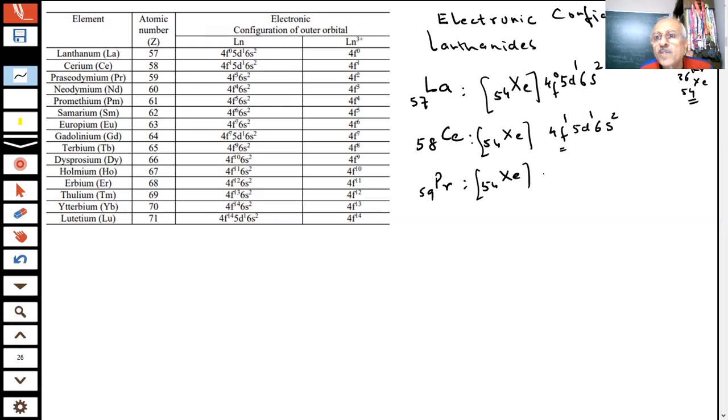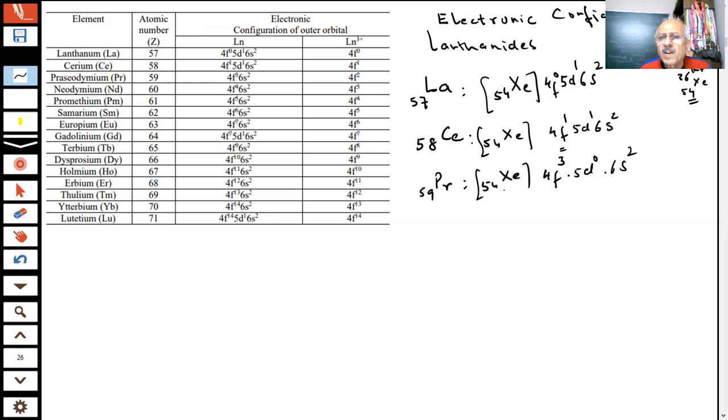There is nothing in the d, student. 4f, how many is he writing? 3. And 5d0 and 6s2. See what has happened? Once the filling of 4f starts, the d electron also is moved to the 4f.